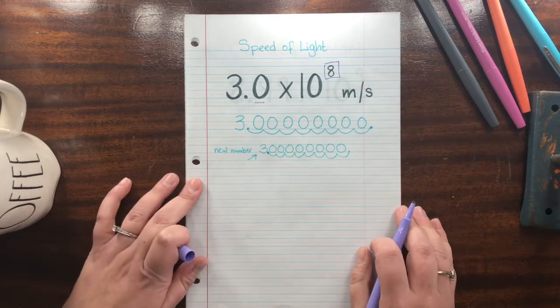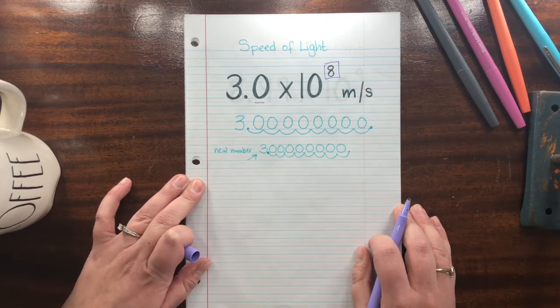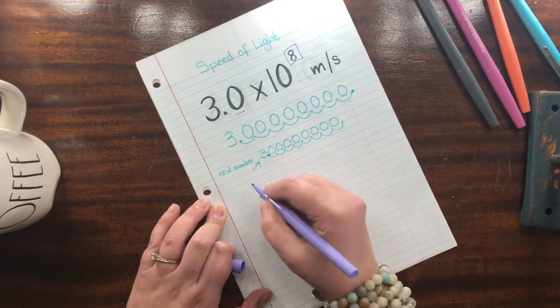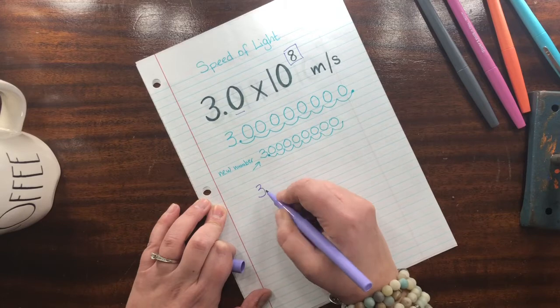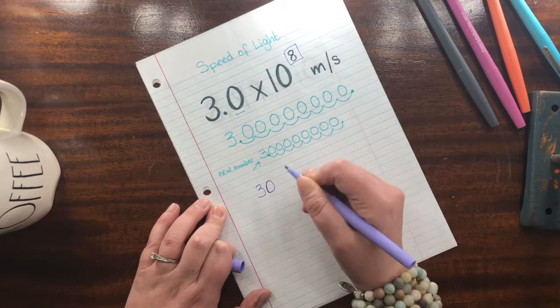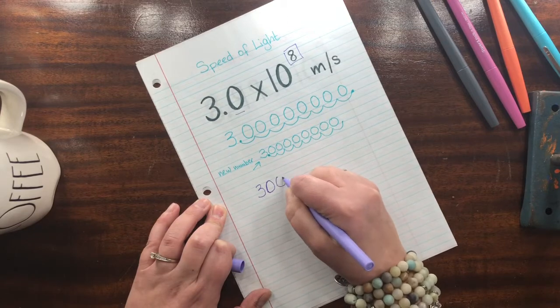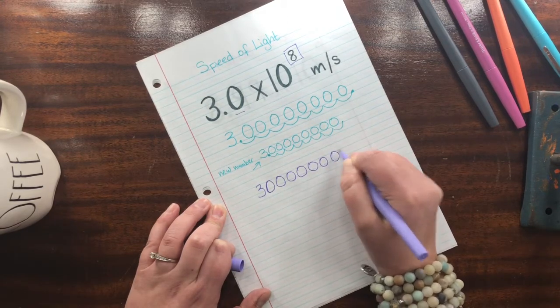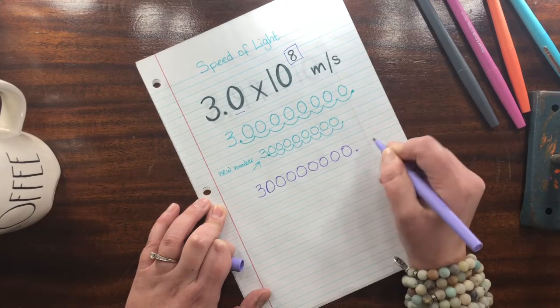That means I'm going to add 8 zeros after my number. 3, and then I'm going to add 1, 2, 3, 4, 5, 6, 7, 8, and then put my new decimal.